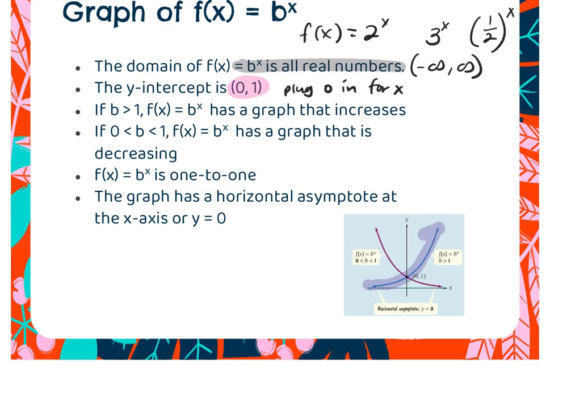This is what an exponential graph looks like if the base is a whole number bigger than 1. If b is between 0 and 1, so the base is a fraction or a decimal between 0 and 1, then it decreases, like the pink one in that bottom right corner.